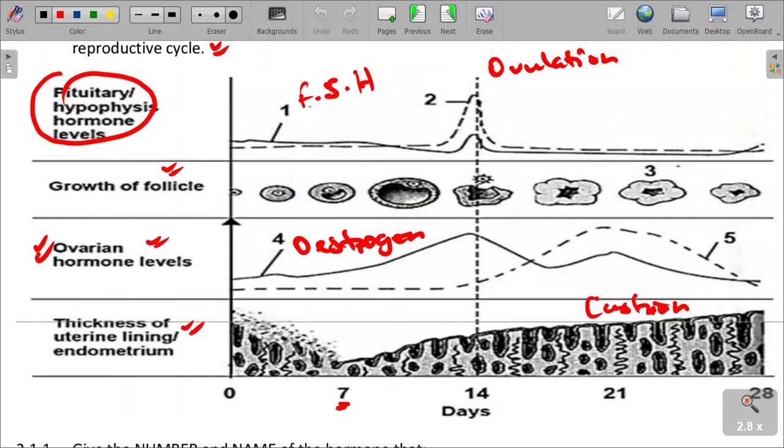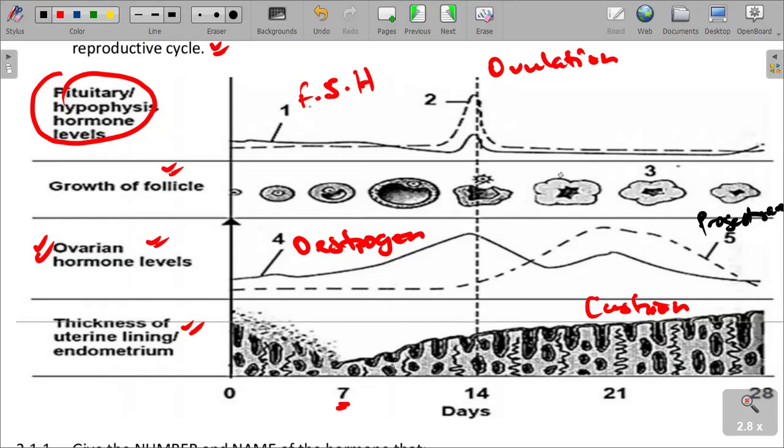And then we also see that number 5 represents the progesterone hormone. If fertilization has occurred, the progesterone hormone must keep on increasing and the corpus luteum must keep on growing.